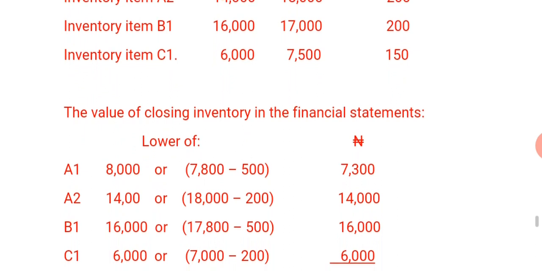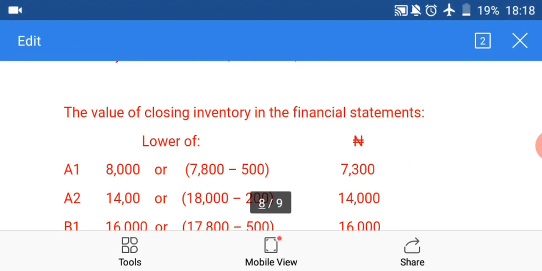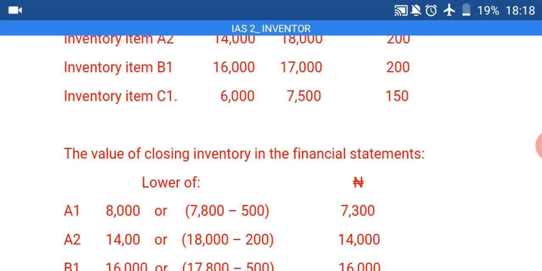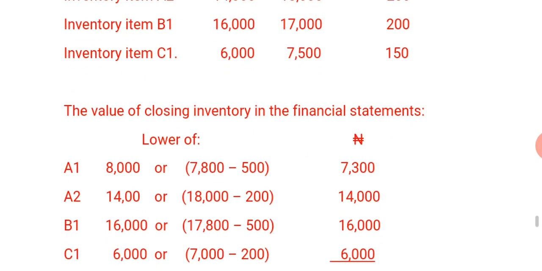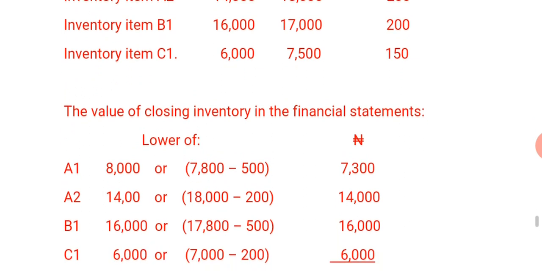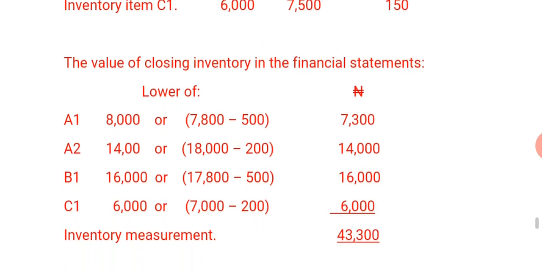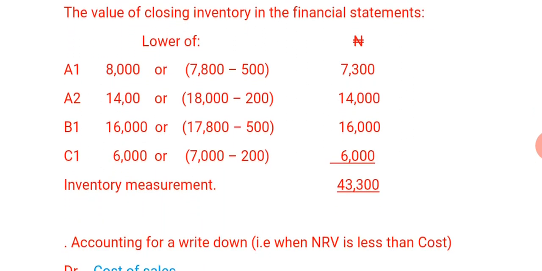Then inventory B1, we have 16,000 or 17,000 less 200. Let's go with the selling cost of 500 here: 17,800 less 500, so we have 17,300 or 16,000, which is lower?